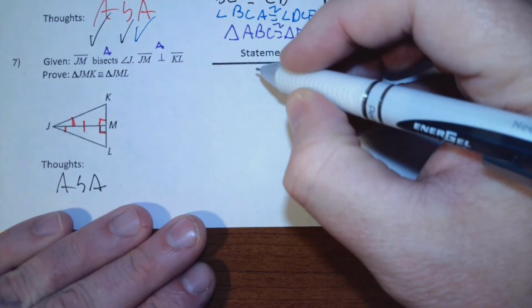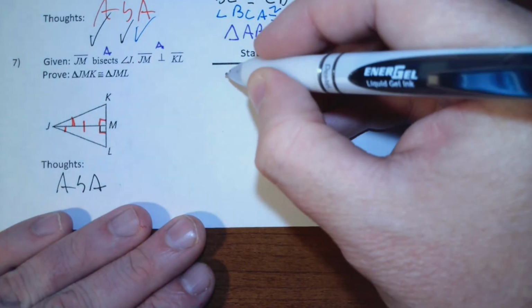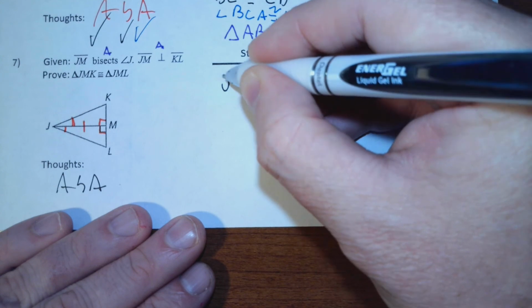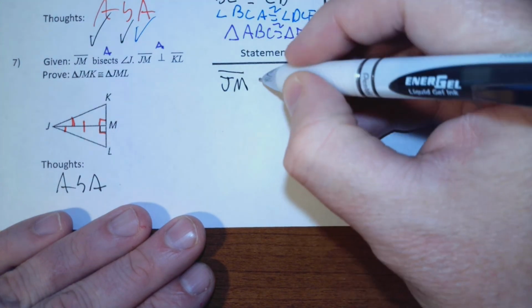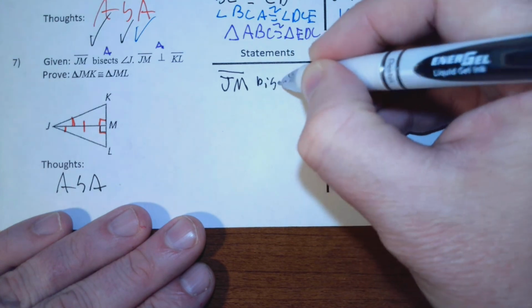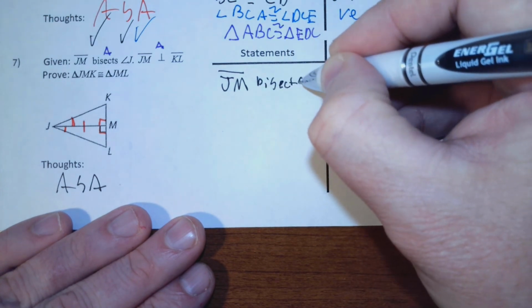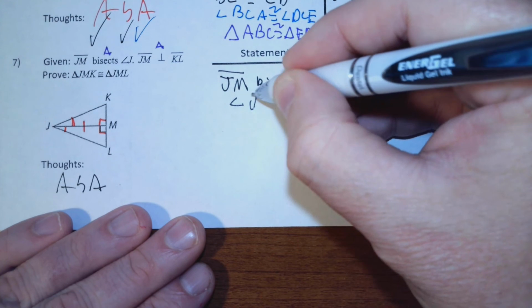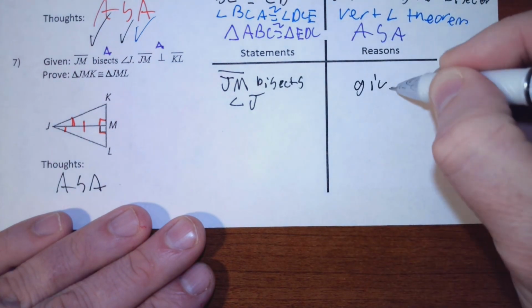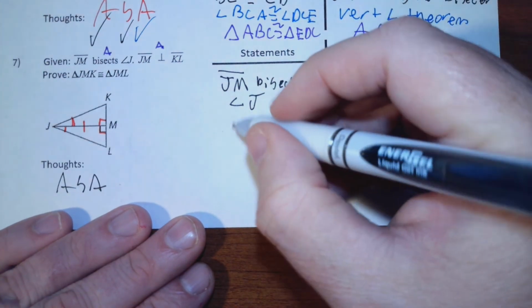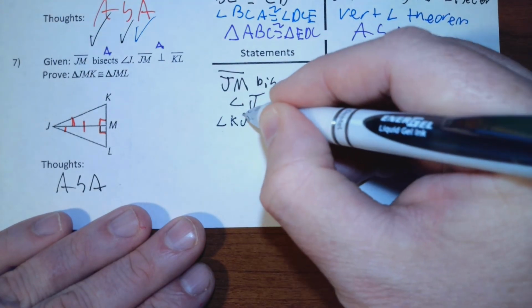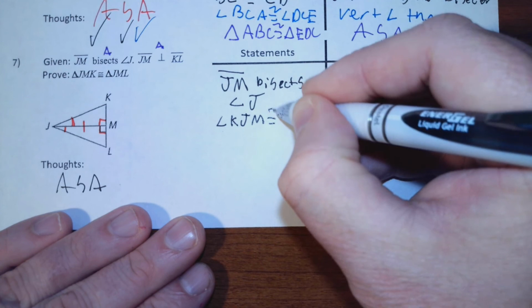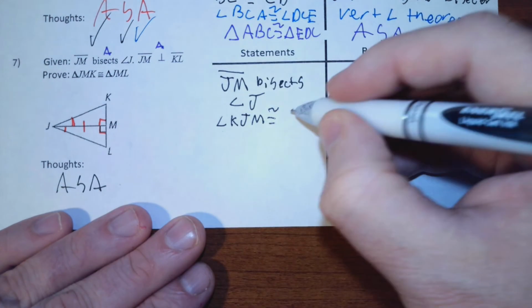Okay, so let's start with, and I'll do a split one again, just in case people like that way. JM bisects angle J, given. That's going to create KJM is congruent to LJM.